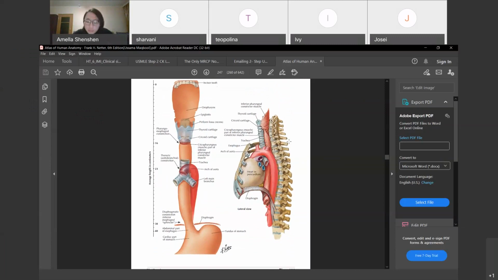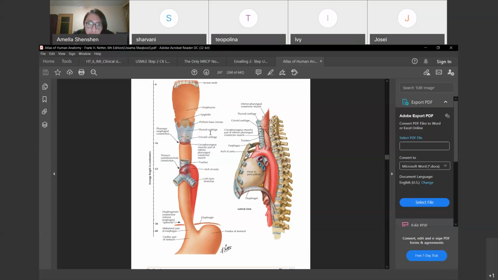Basically, the esophagus starts from C6 to T11, and it consists of three main parts. I'm sure you already know these three main parts. They are the cervical part, the thoracic part, and the abdominal part.